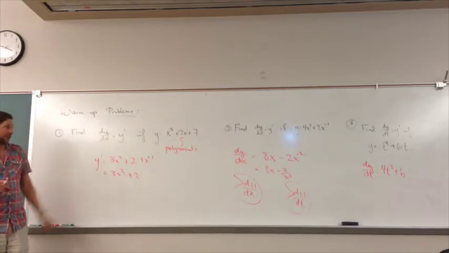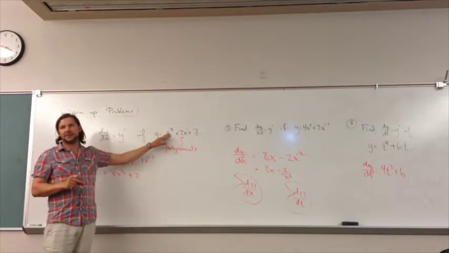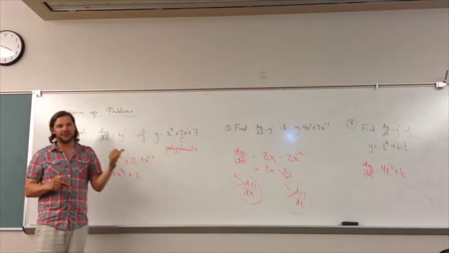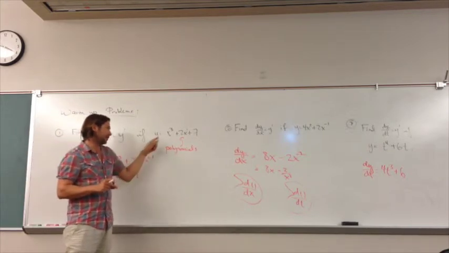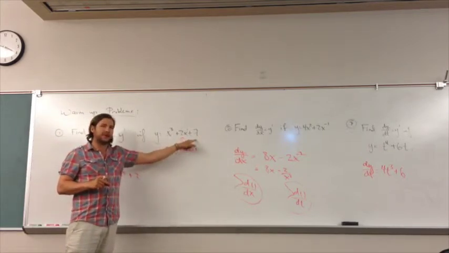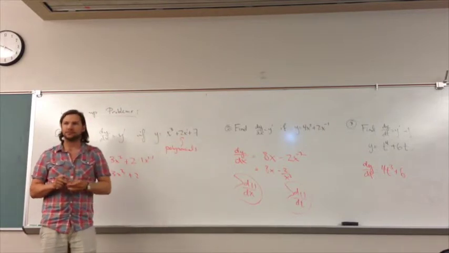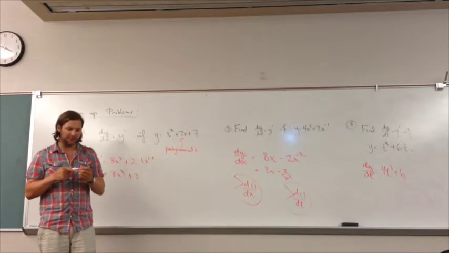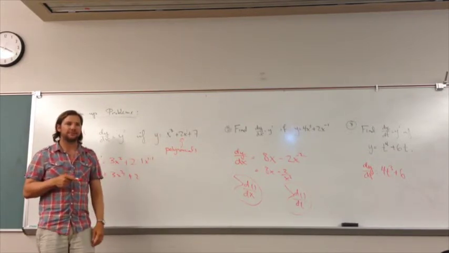We don't study trig functions at all in this class. So polynomials are like the nicest, easiest examples you'll ever find because they're continuous everywhere. And they're really easy to take the derivative of because you just use this power rule on each individual term. So if you see a polynomial, you should smile because you already know how to take the derivative.